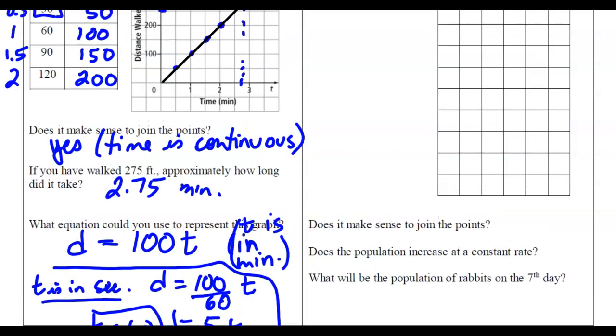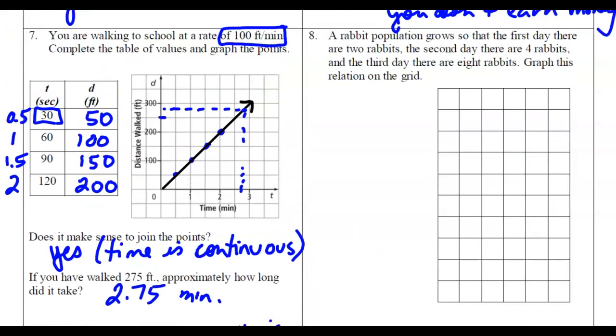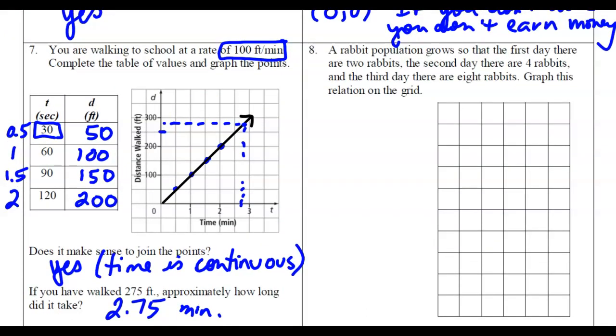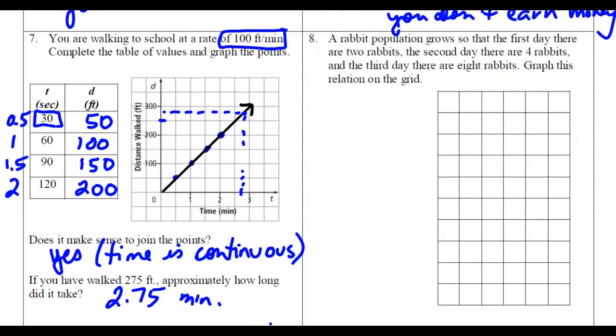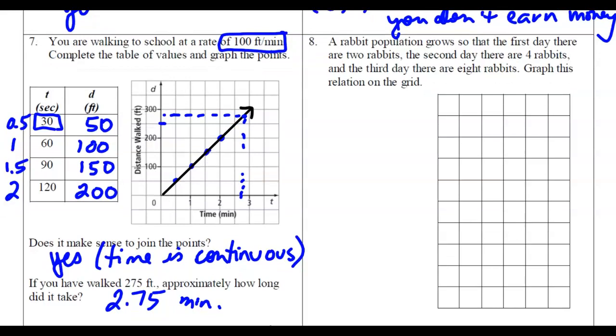All right, and then the last one there says a rabbit population grows so that the first day there are 2 rabbits, second day there are 4, third day there are 8, graph the relation. Okay, so I need to do axes. Obviously, we're not going to have any negatives.